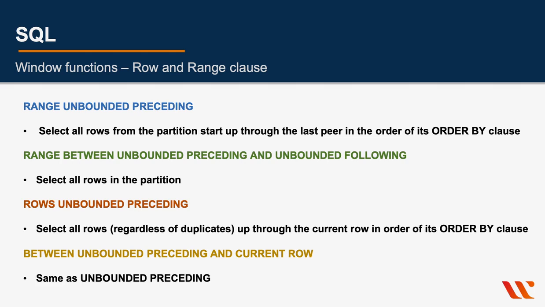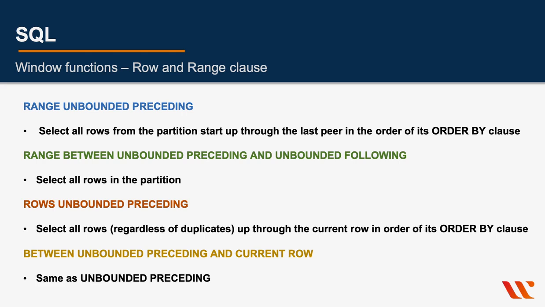The range between unbounded preceding and unbounded following is used to select all the rows in the partition. The rows unbounded preceding is specifically to ignore duplicates, and the rows between unbounded preceding and current row is the same as the first one, unbounded preceding, but in this case we are talking about rows. So please pay attention to the rows and the range here.